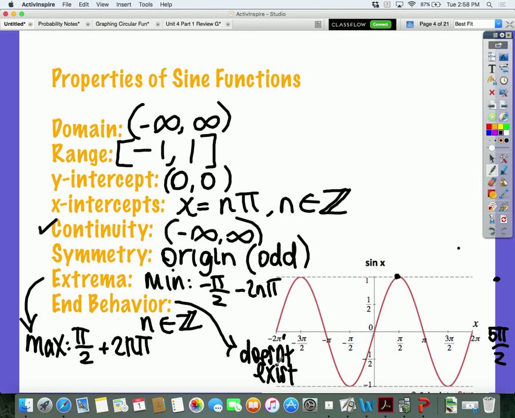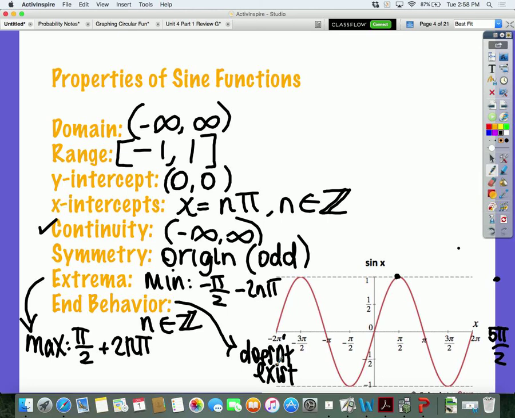Questions? Yes? Why did you use negative pi over 2 because it was closest? You can honestly use negative pi over 2 or 3 pi over 2, because no matter what, there's still 2 pi units away from each other. Other questions?